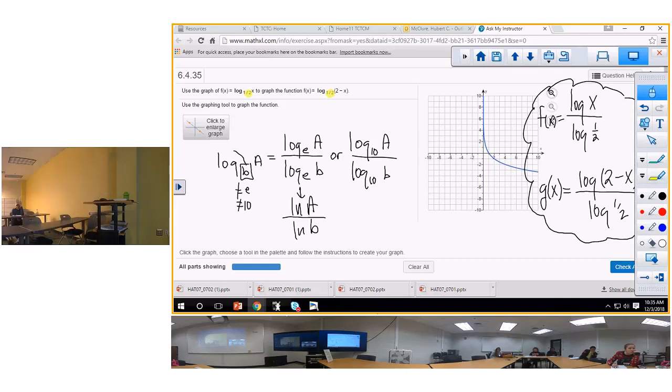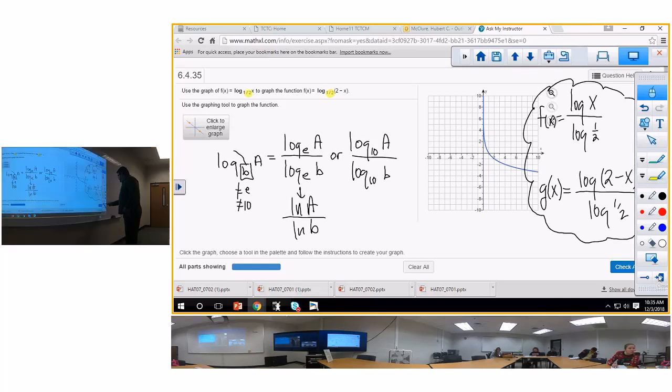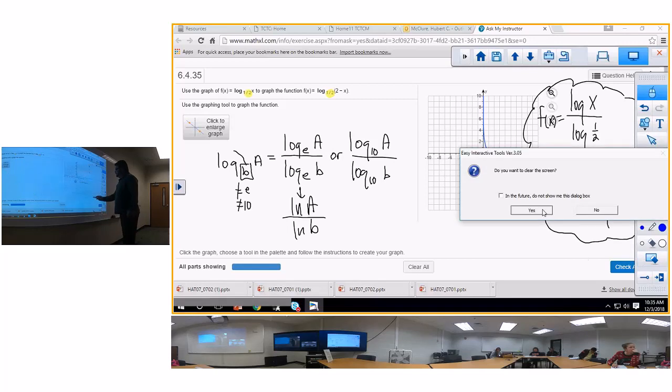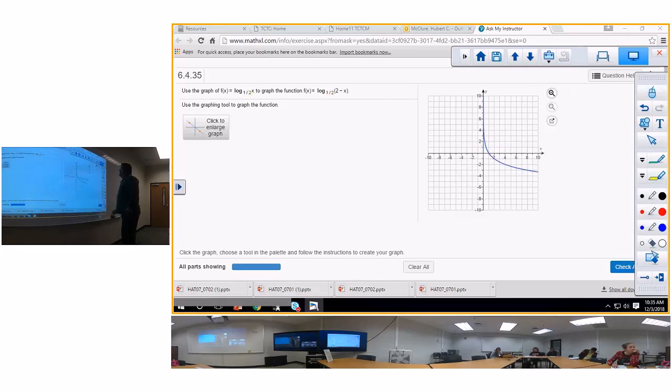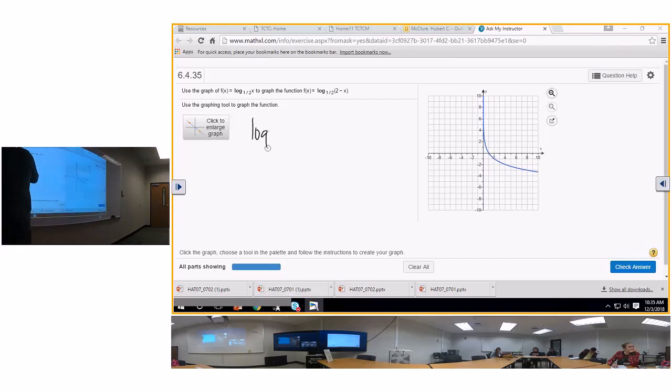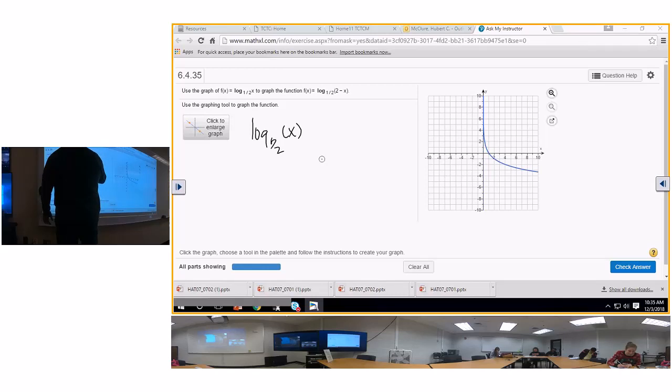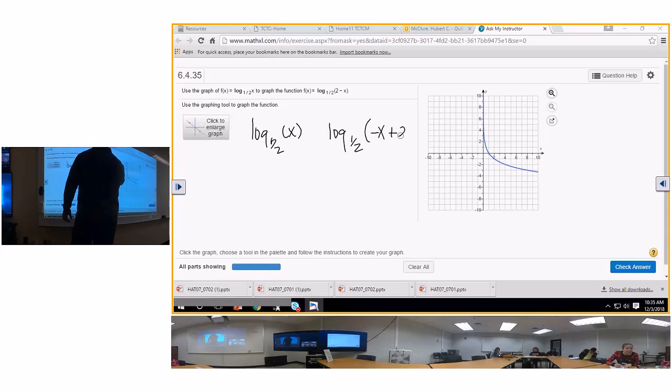I've just lost the whole problem. I went to the change of base formula. Look, what they're wanting, I didn't see it till just now: log base 1/2 of x and log base 1/2 of negative x plus 2. What does the negative say?